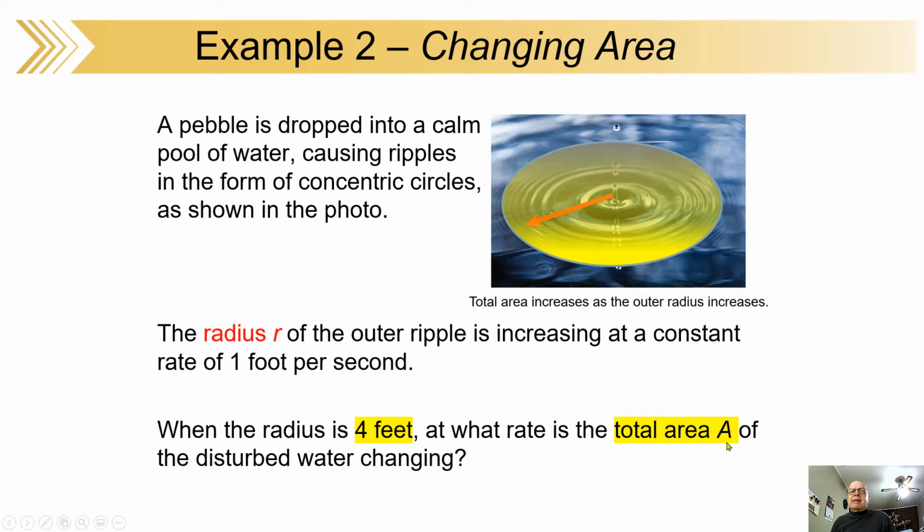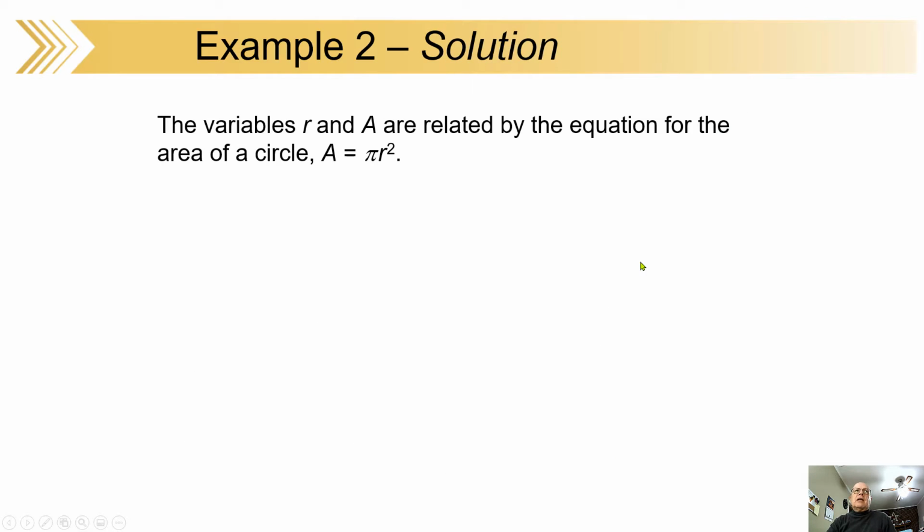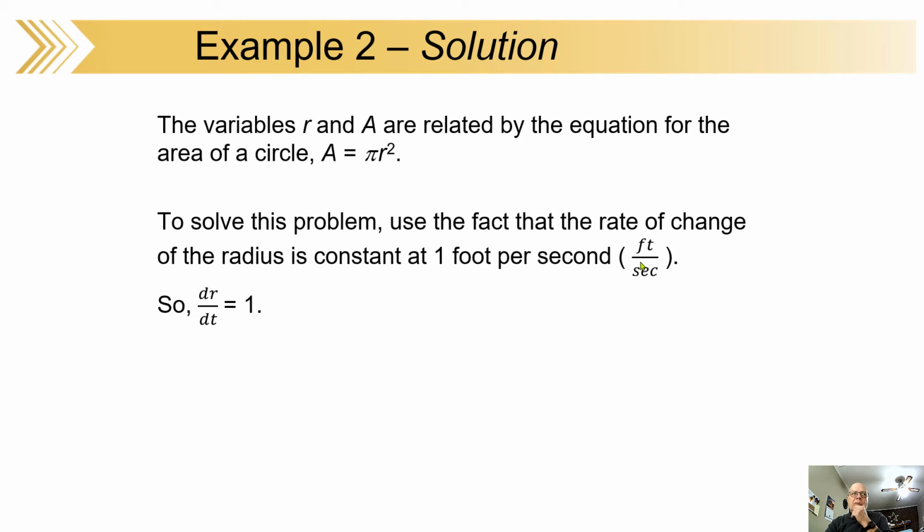Oh, that's interesting. Where'd the area come from? Well, we know these are concentric circles, and we know that the area of a circle is related to the radius by A equals pi r squared. That's familiar. To solve that, you're going to use the fact that the rate of change of the radius is constant at 1 foot per second.